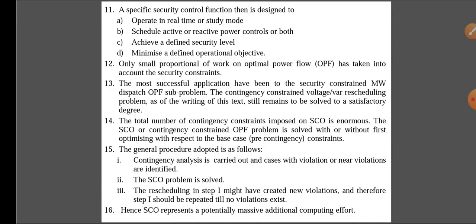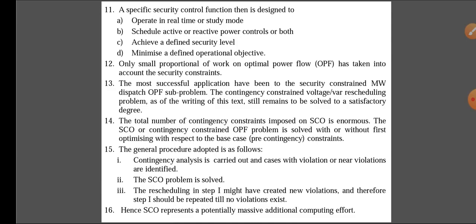For optimal power flow including security constraints, not much work has been done in this field.